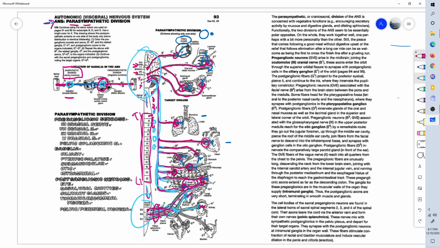And again, off to the bladder, the urinary bladder from the sacral area through the splanchnic nerve to the ganglion here. And then we have the ganglion, remember, of the parasympathetic system are found in the organ itself, not in the sympathetic chain. And here's the short postganglionic to the bladder.